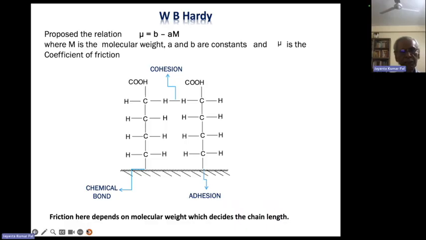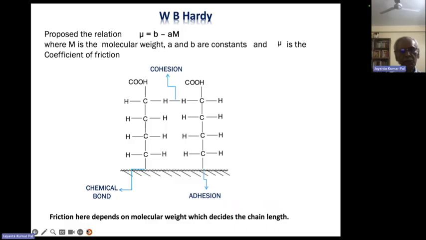And this is what was proposed by W.B. Hardy, who proposed a relation of coefficient of friction equal to B minus AM. B and A are constants, and M is the molecular weight.